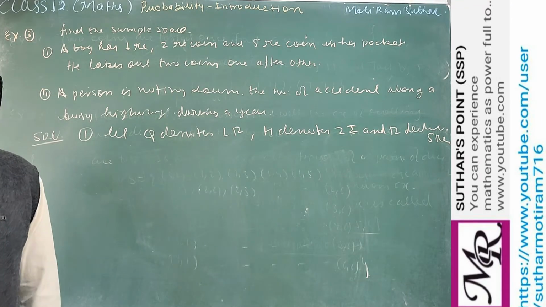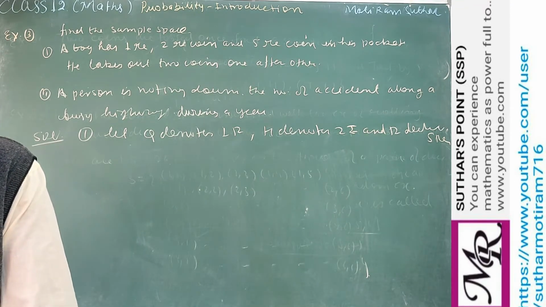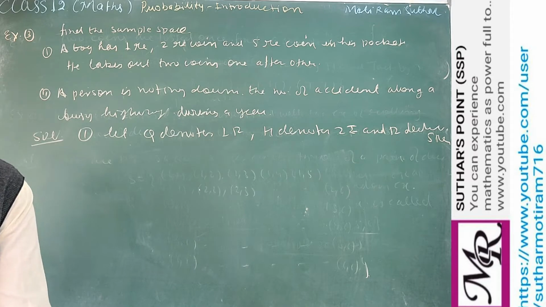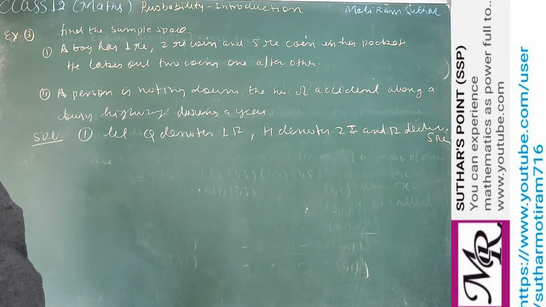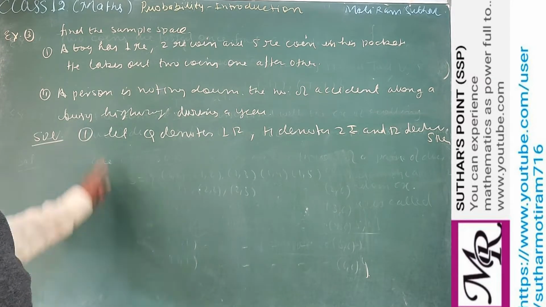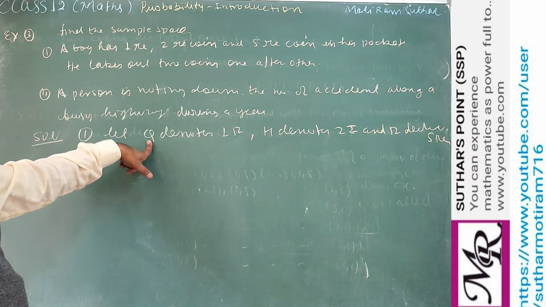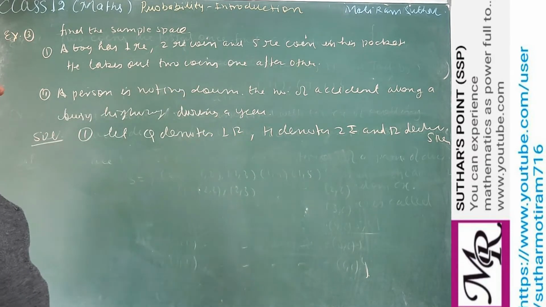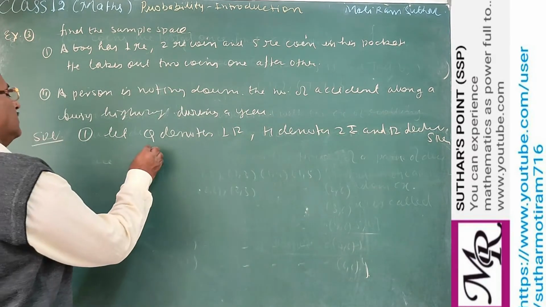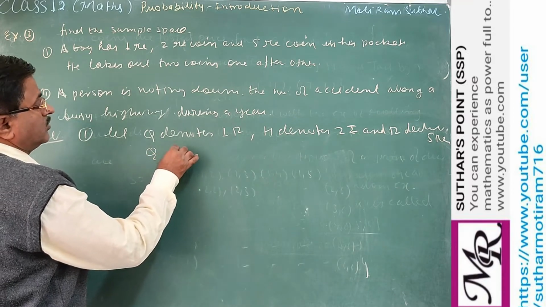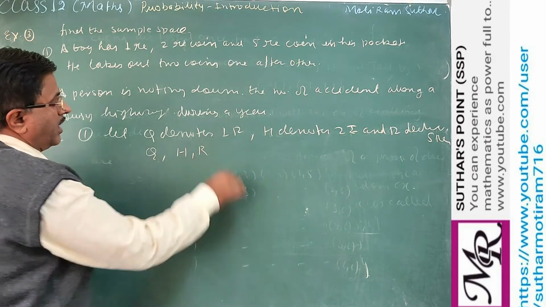The first coin he takes out of the pocket may be any one. Clear? Now what does the question say? A boy has 1 rupee, which we take as Q, 2 rupees as H, and the third, R. So there are three types of coins, Q, H and R.